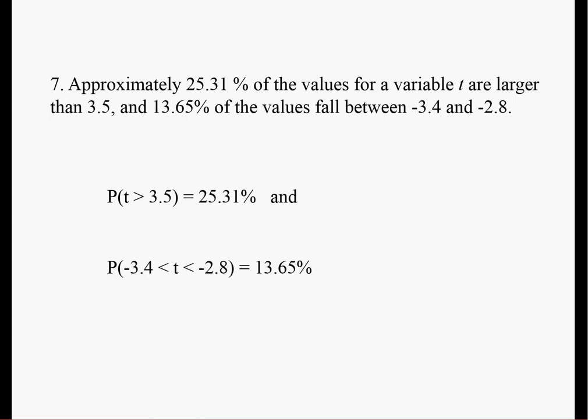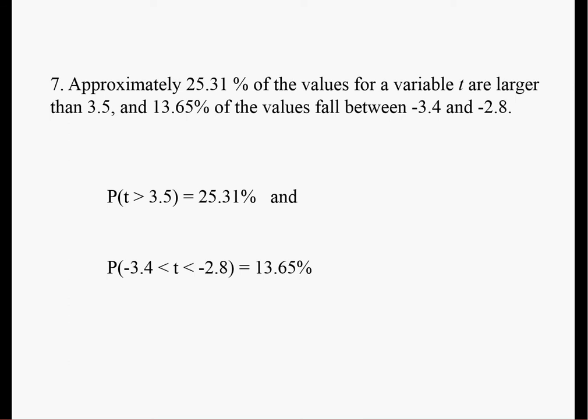You see, the first statement, the probability for t larger than 3.5 is 25.31%. So this is the first interval, probability for the first interval. Now for the second expression, the t fall between negative 3.4 and negative 2.8.